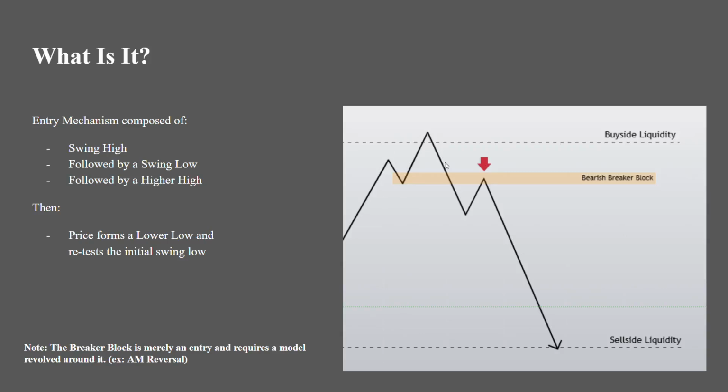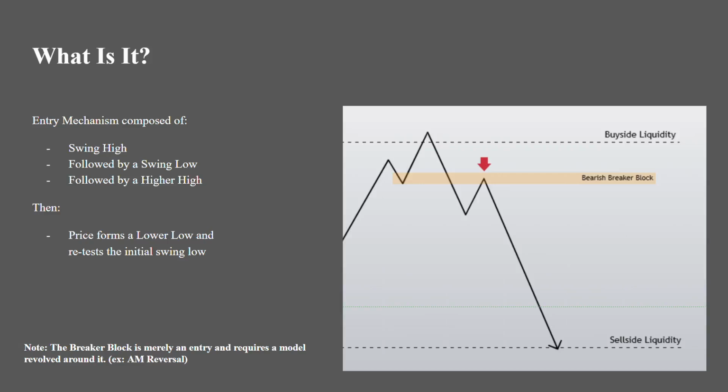Then price breaks that initial low, forming a lower low, and then retests that initial low before dumping. Vice versa for longs. So for shorts, you get a high, low, higher high, lower low, retest the initial low, and that's your entry.